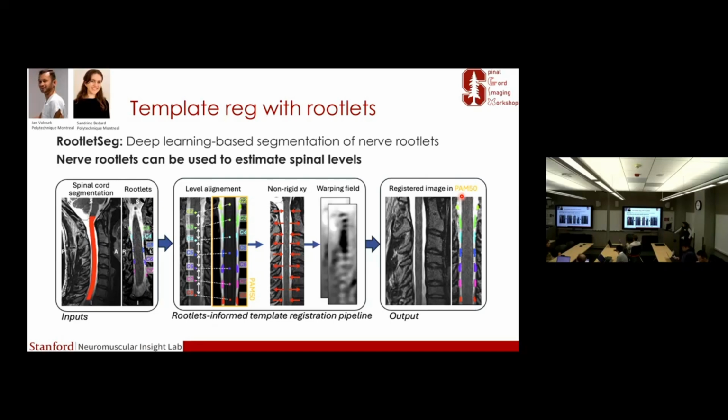And there is also a second refinement that uses this segmentation, but if some of them are missing, they would not be aligned necessarily, but that is okay. So there's like a two-step process: the first gross alignment of the spinal levels, and then this refinement, really using the segmentation of the rootlets.